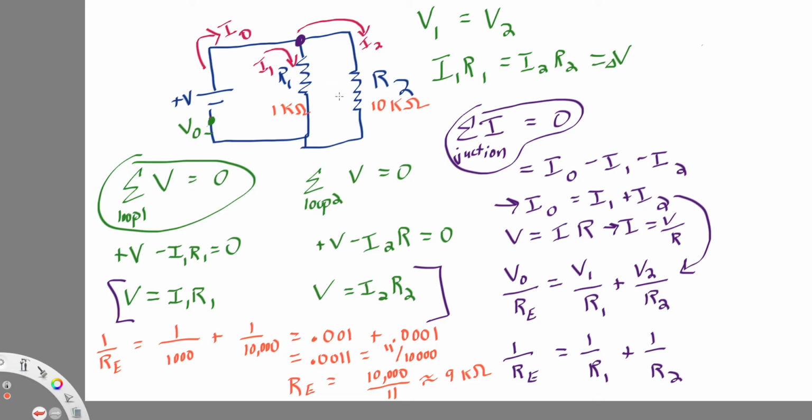So maybe, to illustrate, let's use a different set of numbers. What if R1 is 3 and R2 is 4? So then we have 1 over RE equals a third plus a fourth. So a third is like 0.33 and a fourth is like 0.25.